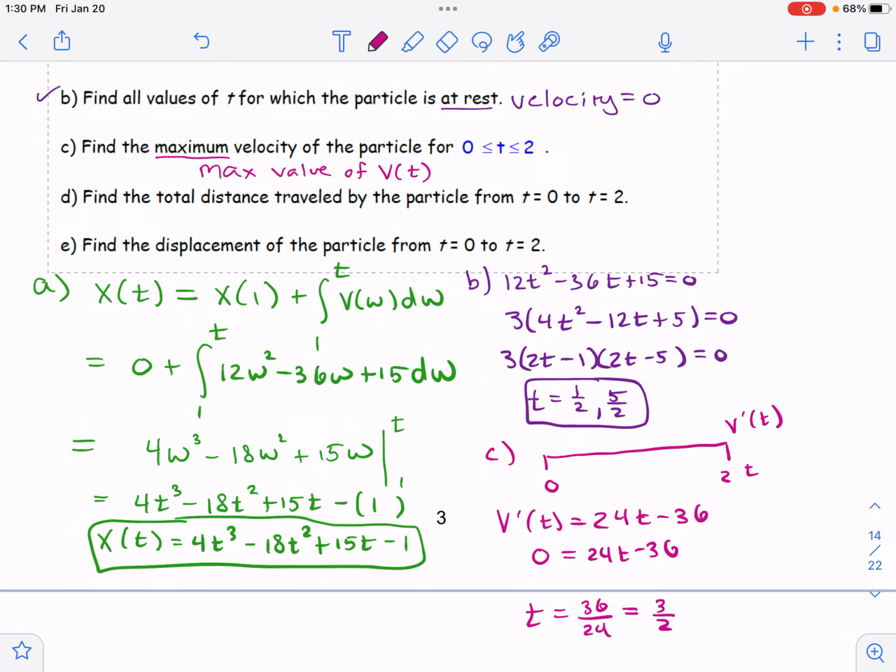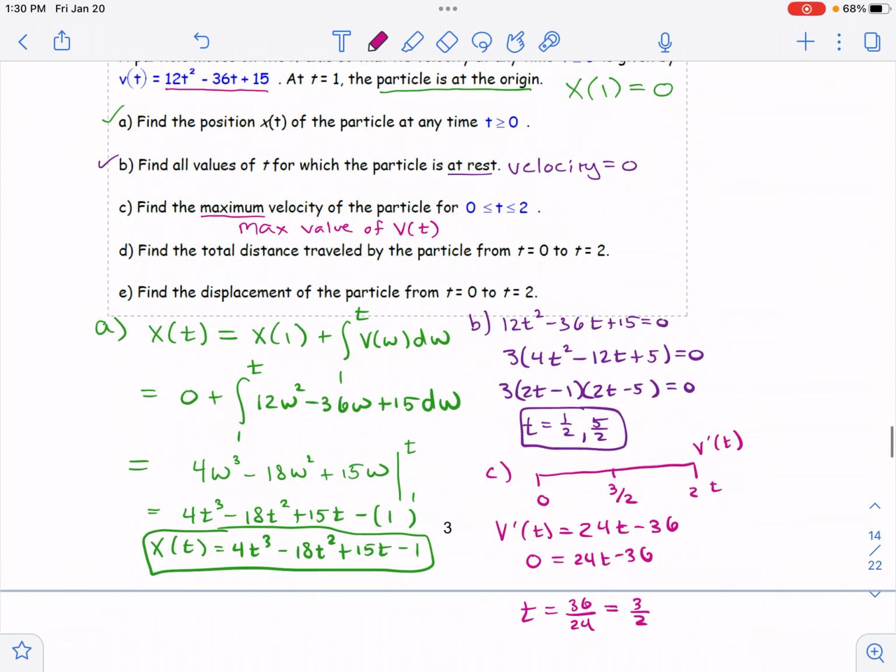Let's put that on our number line. It's a critical point. Now I can just plug in all these values into my velocity function and see which one's the biggest. I don't really want to plug in 3/2 if I don't have to, so let's see if that even corresponds to a max. It could correspond to a min.